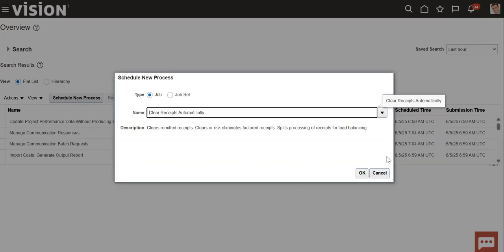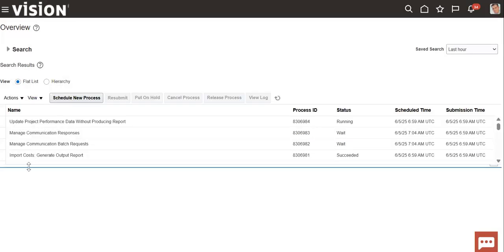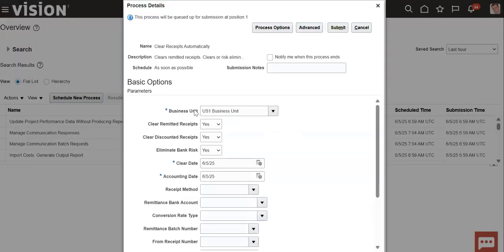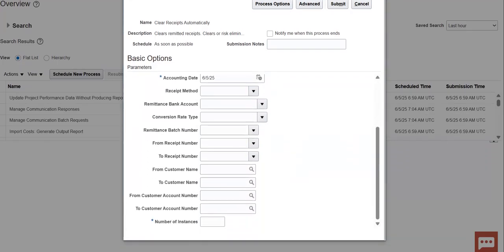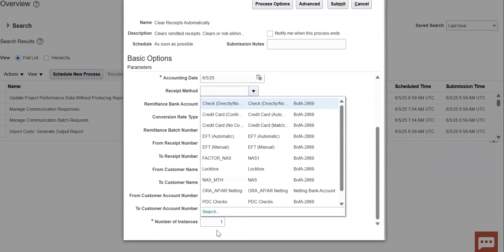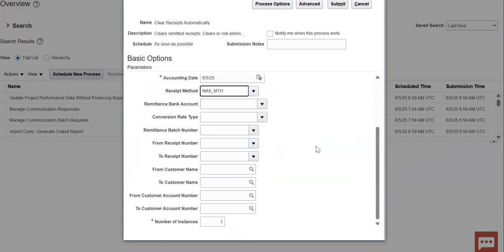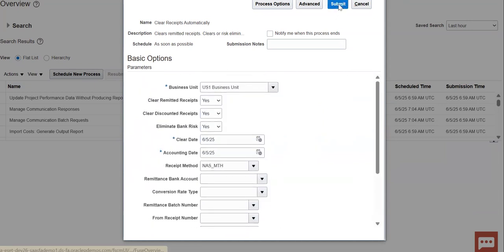We need to run this process to eliminate the risk. This is the one, Eliminate Bank Risk. So this is what I'm doing. Here is the receipt method. Let me select it. Yes, this was the receipt method. Submit it.